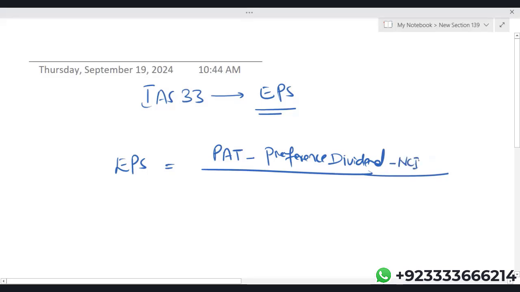But let me repeat, NCI will only arise when we are calculating EPS for the group. Weighted average shares, obviously parent shares, and weighted average ordinary shares.